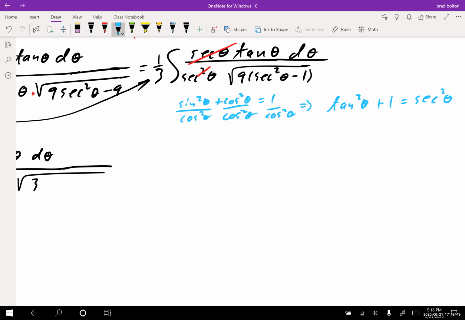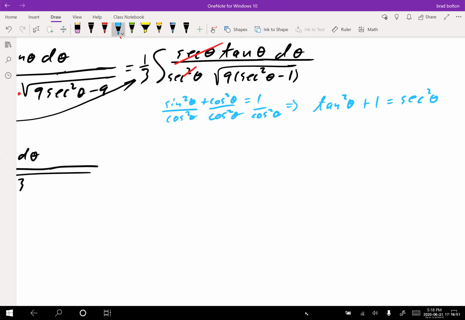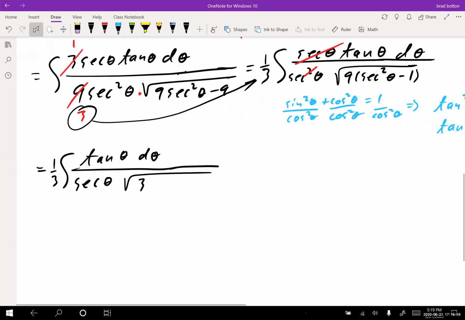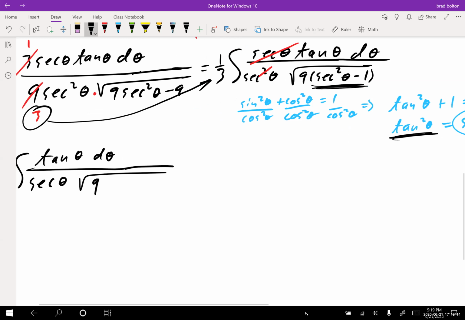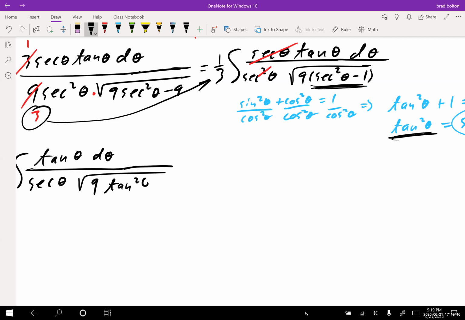Now remember, we have tan squared theta. I'm going to move the 1 over, so I have secant squared theta minus 1. This right here is the same as when I factor this. This is going to become 9 times, now look, secant squared theta minus 1 is worth a tan squared. So this will become 9 times tan squared theta.